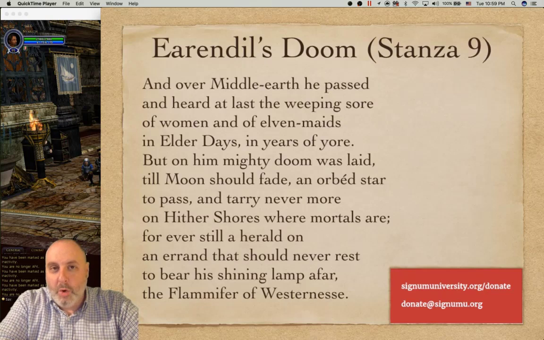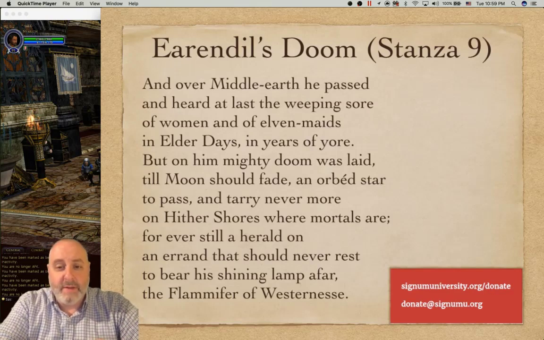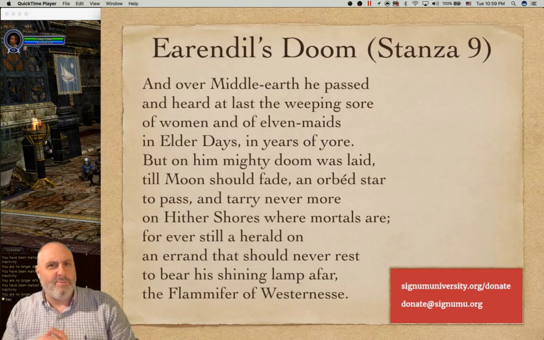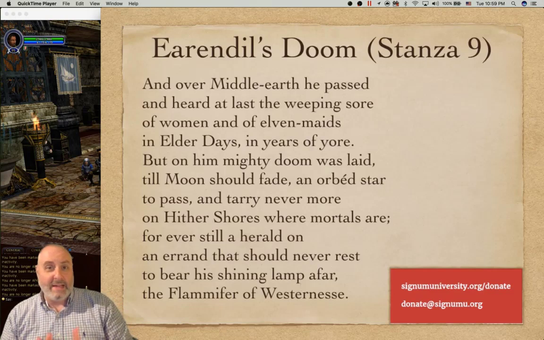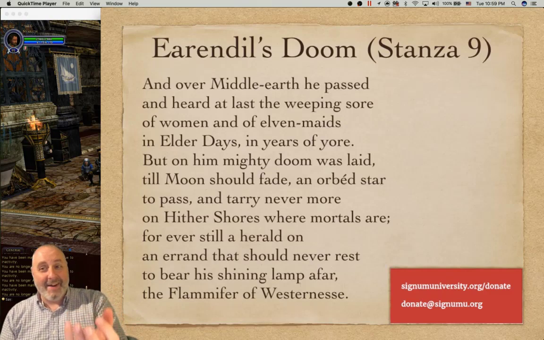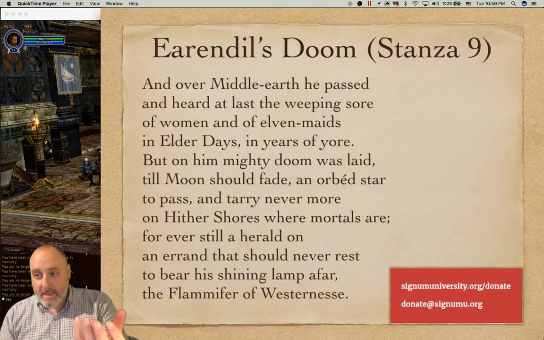For years, when I was younger and first read this poem, I thought that an orbed star meant that he was round, like he had been made round in some way. I had no idea what orbed meant. I thought an orb is a ball, so he's been made into a ball. That's how I always understood those lines.